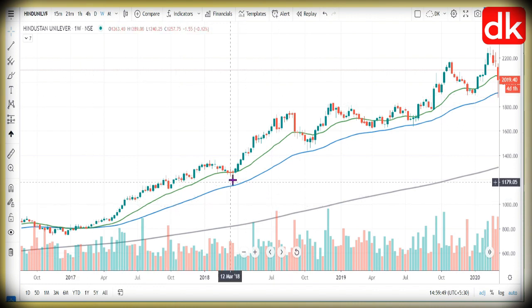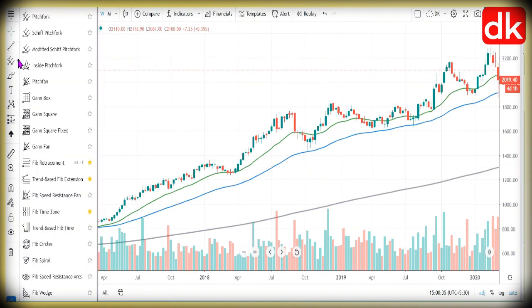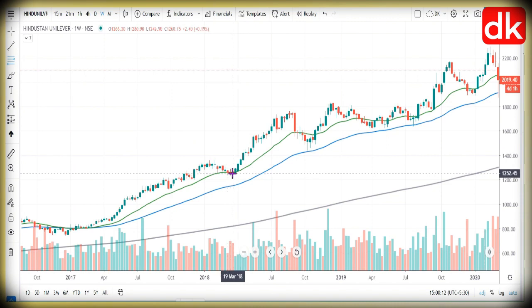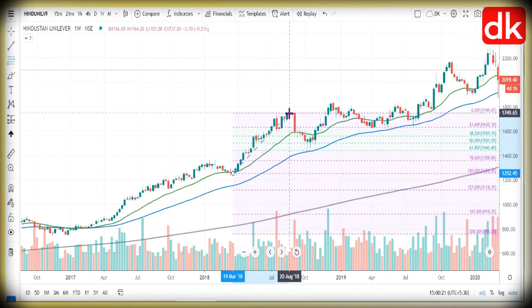So friends, in this area we can see the price has moved upside. The impulsive wave started from here and it ended here, and then this correction has taken place. So let us choose from the software the Fibonacci retracement tool, and we mark this point as the first point from where the impulsive wave started, and then we take it to the point where the impulsive wave ended.